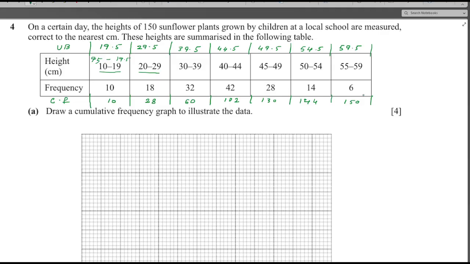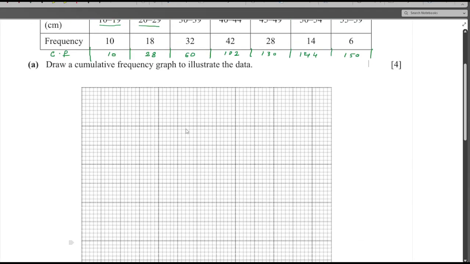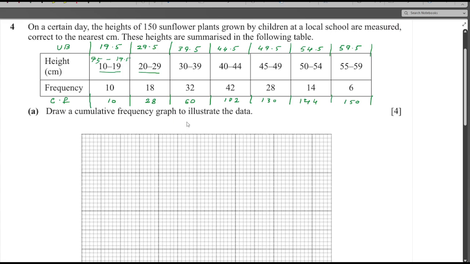Okay, I now have to draw the cumulative frequency graph. Along the x-axis I will represent height, and along the y-axis the cumulative frequency. Your highest cumulative frequency is 150 and the lowest is 10. So I demarcate 10, 20, 30, 40, 50, 60, 70, 80, 90, 100, 110, 120, 130, 140.